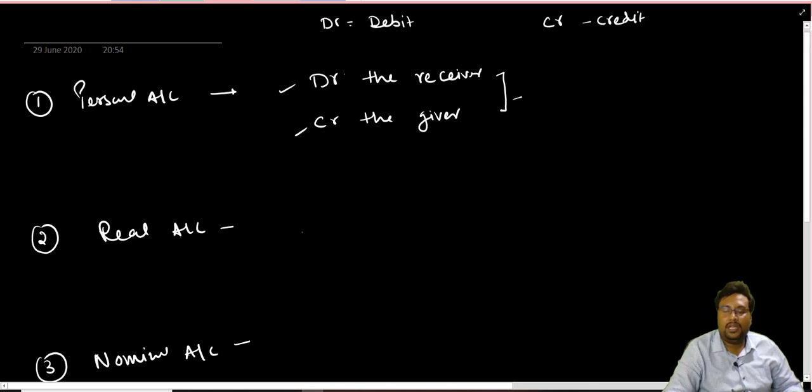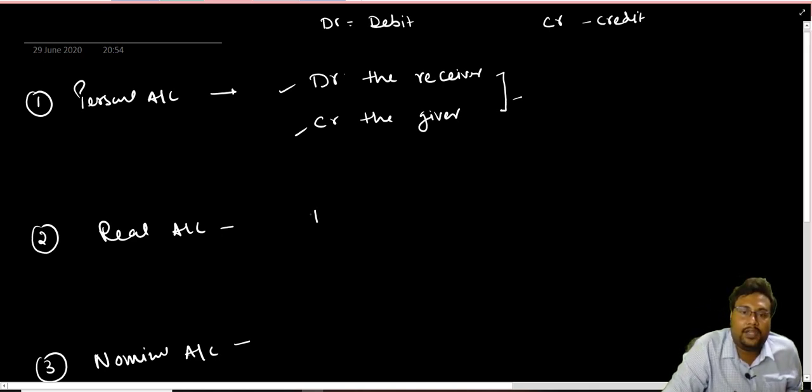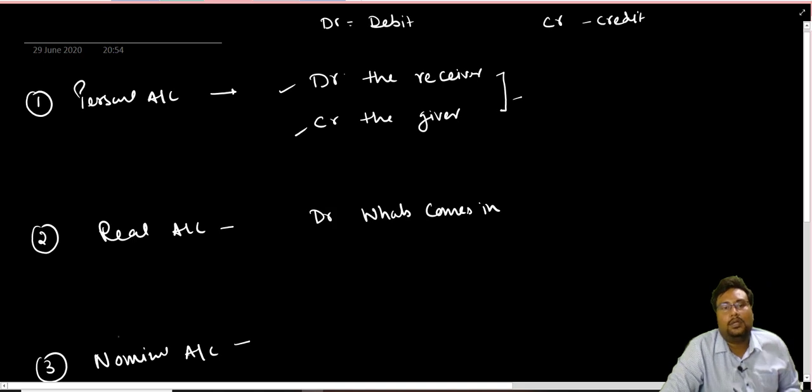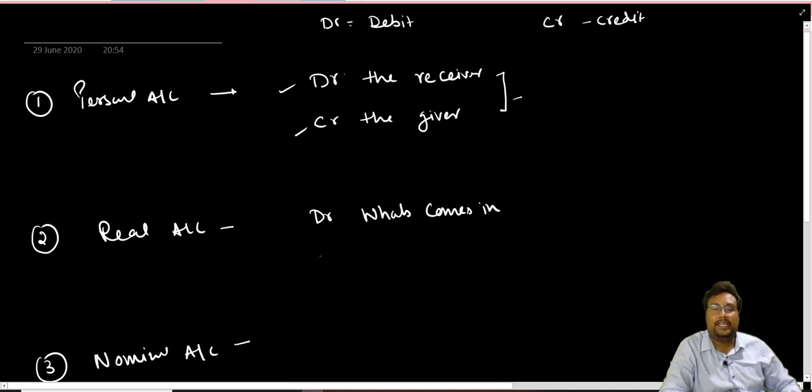Now the second one, real account. The real account rule is debit what comes in and credit what goes out. Now let's understand this particular rule.